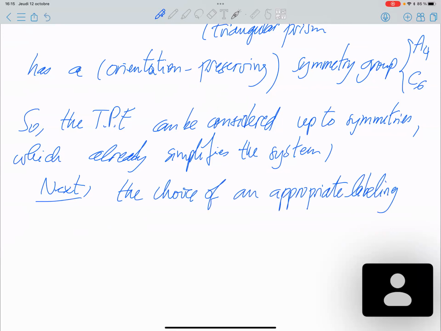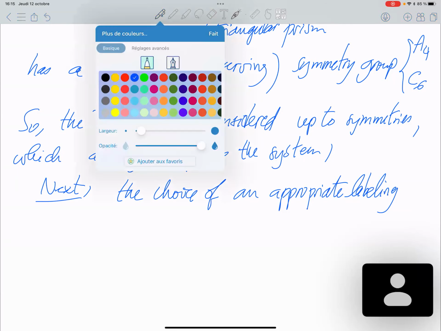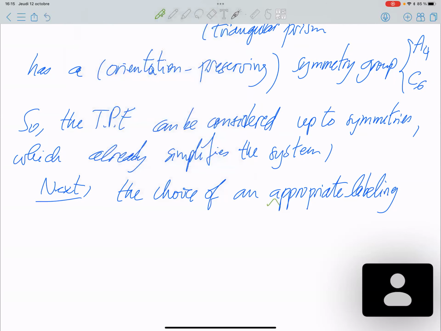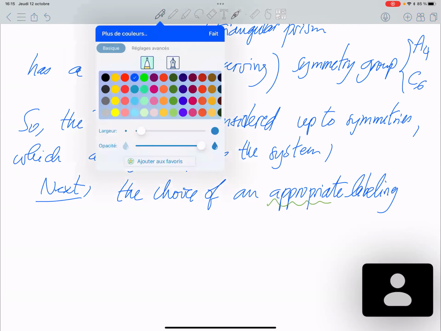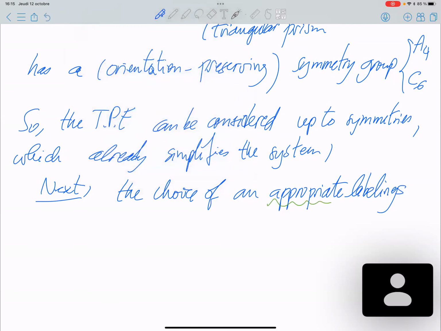Of course, if you consider all the possible labelings, you will get all the equations of the system. So you will get the full system. But what we want is a small subsystem. And in fact, you will get a small subsystem by choosing an appropriate labeling keeping some symmetries.